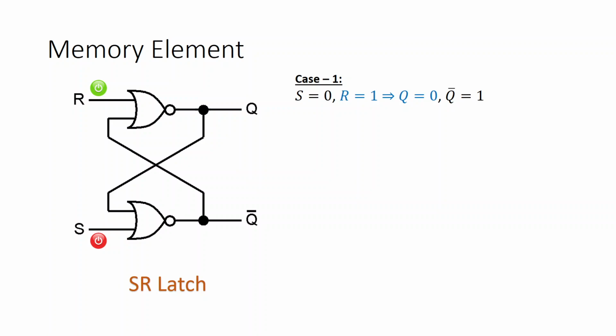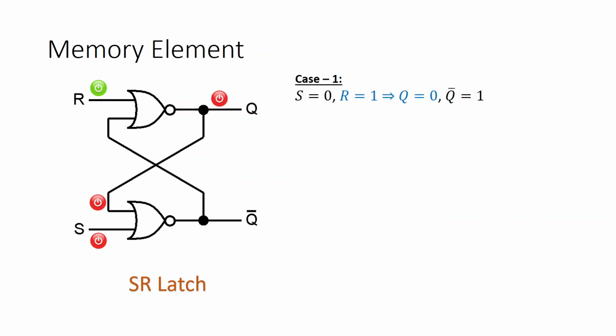Okay, when one of the inputs is 0, we still do not know what would be the output, but when one of the inputs is 1, we are guaranteed that the output would be 0. That means R being 1, the output of the R NOR gate will become 0. So, that is what happens.